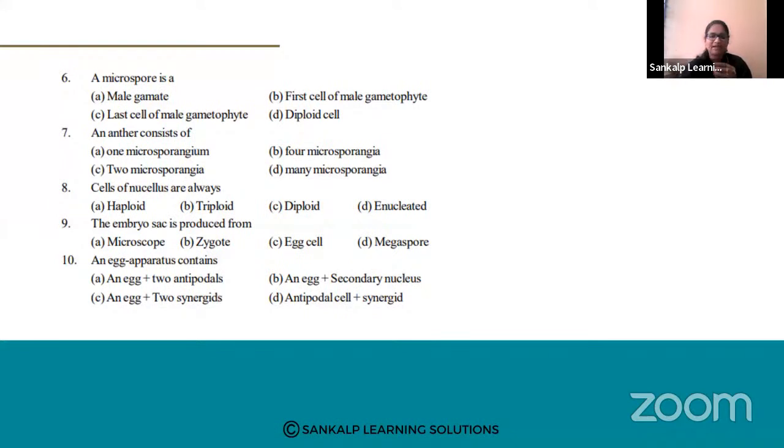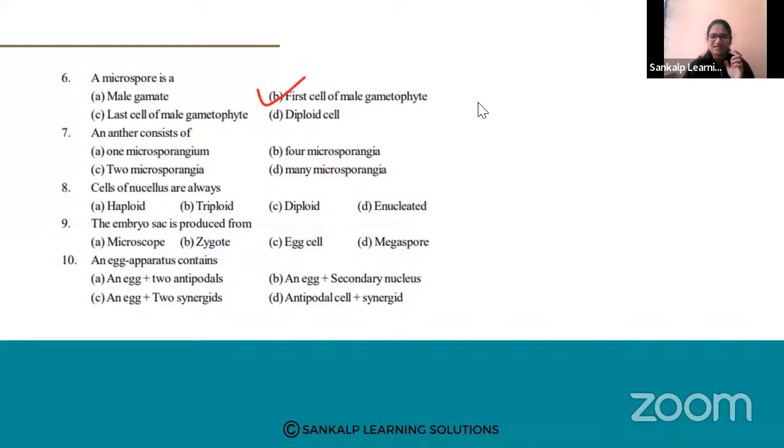The generative cell becomes the gamete. So microspore is not a male gamete; the generative cell is the male gamete. Here microspore is option B, the first cell of the gametophyte.